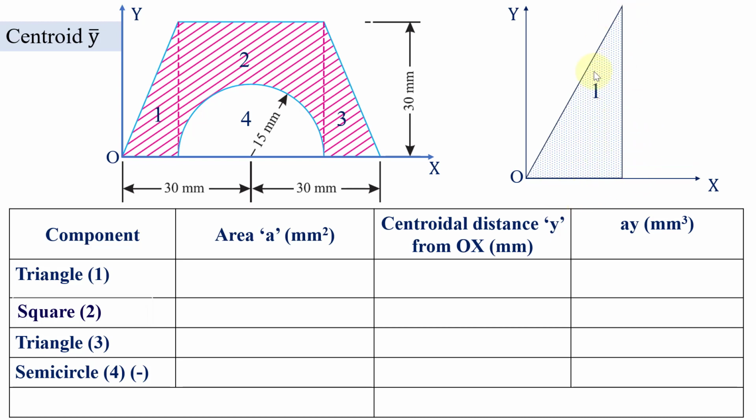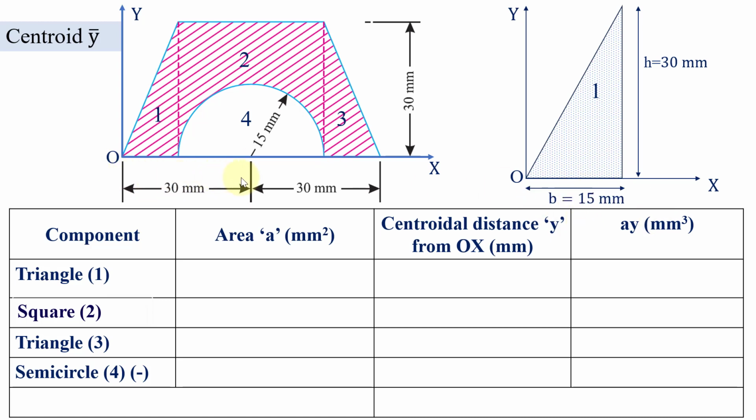The area of element 1, since it is a triangle, is half BH. The height is 30 mm and the breadth value is exactly 15 mm.